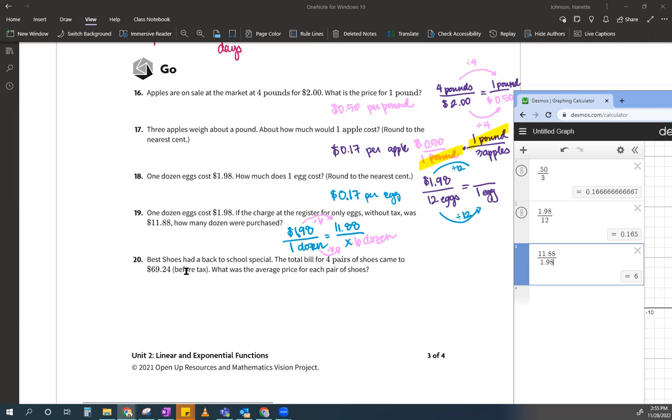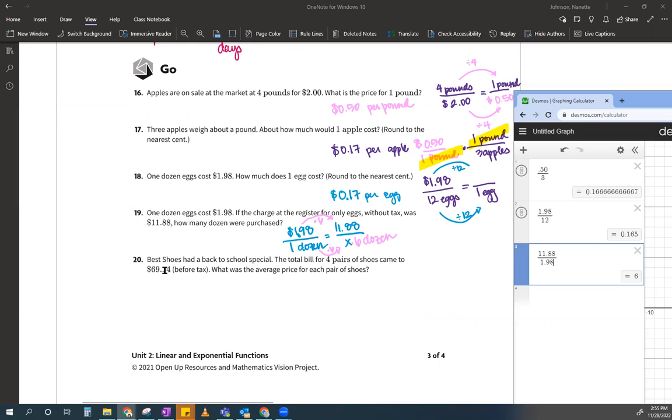Next one says Best Shoes had a back to school special and the total bill for 4 pairs of shoes came to $69.24 before tax. What was the average price for each pair of shoes? Now, we know that if we buy 2 pairs of shoes, they most likely will not cost the same, but that's why they're asking for the average price and not the exact price.